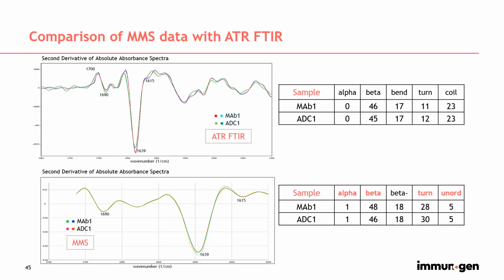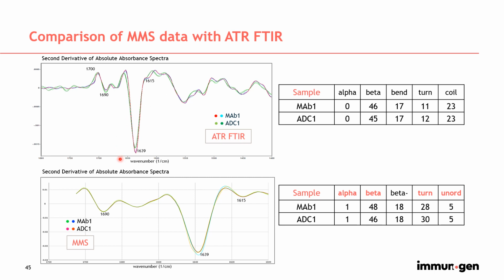Finally, we compared the data generated by MMS to a more conventional FTIR. As we can see from the figures on the left, the top figure is the second derivative of the absolute spectra from an ATR FTIR for an antibody and its corresponding ADC.